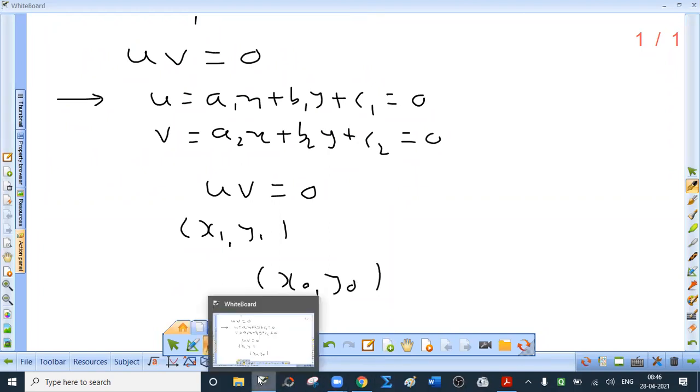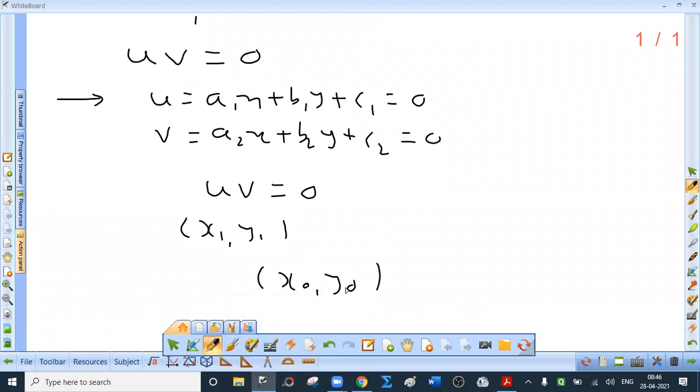Now conversely, let the point x0 y0 lie on the locus uv equal to 0. So it will satisfy the equation, right? Because if a point lies on the locus, coordinates will satisfy the equation. That clearly shows that it satisfies at least one of the two equations, u equal to 0, v equal to 0. See, this is not at all difficult.